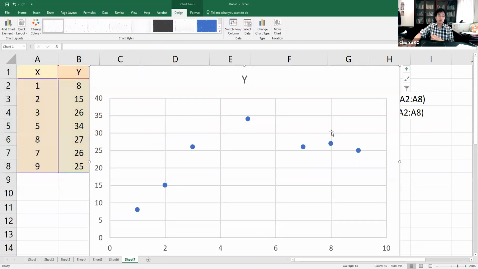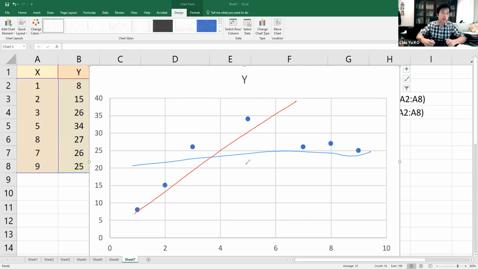You may expect there's a good linear relationship, but in fact, it's not strong enough. You may imagine there should be a line here, but in fact, the data tells you maybe just this one is sufficient. You don't need this line. Maybe a horizontal line can also do the job. So x actually can't help you too much, okay?